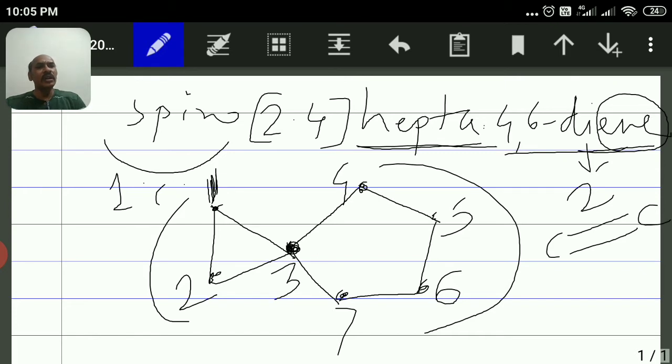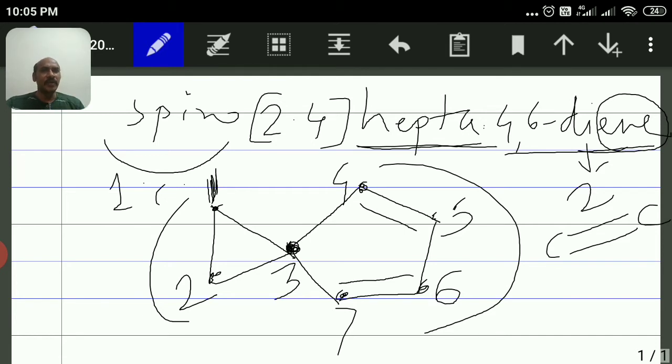So for the double bonds, the position is 4, so here you have to write a double bond, and then 6, so coming towards 7 you have to write a double bond. So it is the structure for spiro[2.4]hepta-4,6-diene.